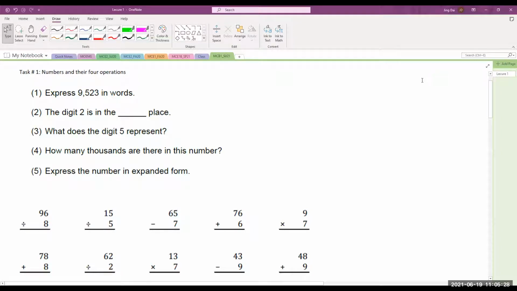Okay, time is up. Who wants to do the first one? Express. Okay, Kevin, go ahead. It's 9,523 in words.